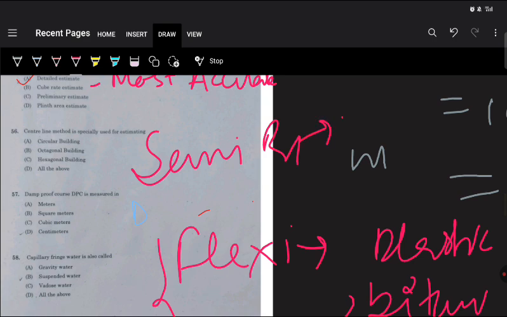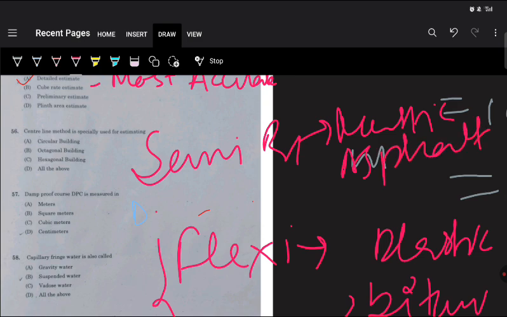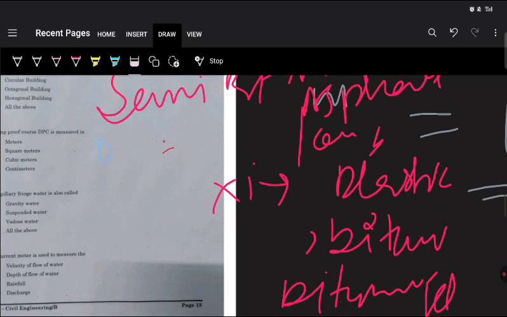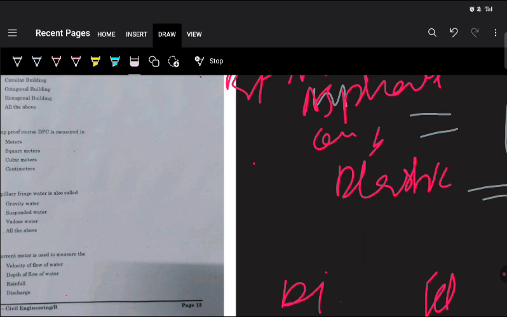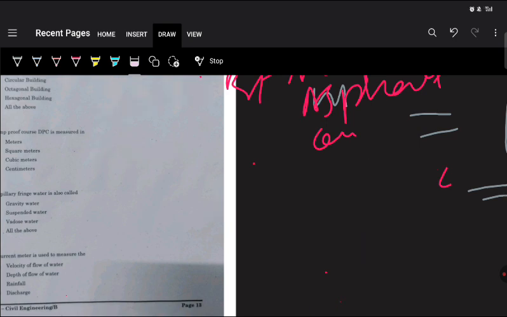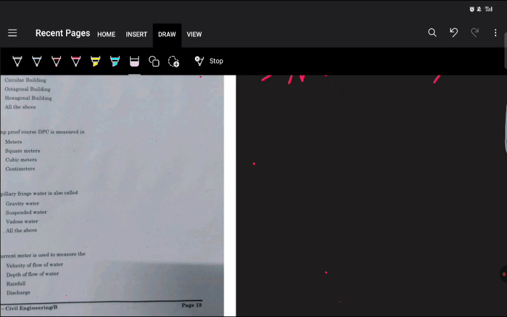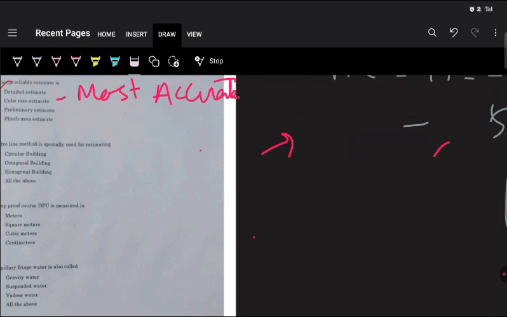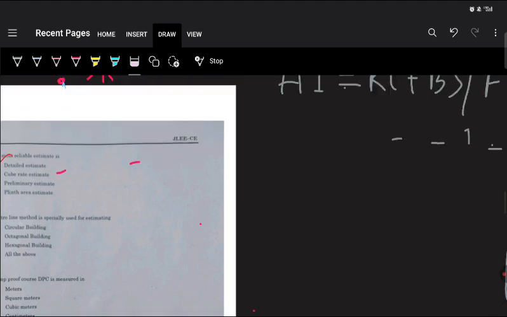Semi-rigid materials, for example mastic asphalt. Rigid materials are cement concrete and stone. One thing you should remember: the most common thing we use as DPC material is bitumen.